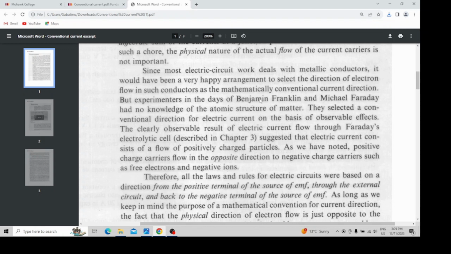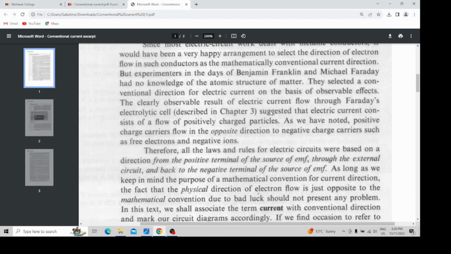Volta came up with alternating layers of copper, zinc, and some electrolyte in between. And this combination of metals he called a pile. Today we call that a battery. So back in the 1800s, there was Benjamin Franklin, Michael Faraday, Alessandro Volta, and others working with this pile, trying to understand electricity.